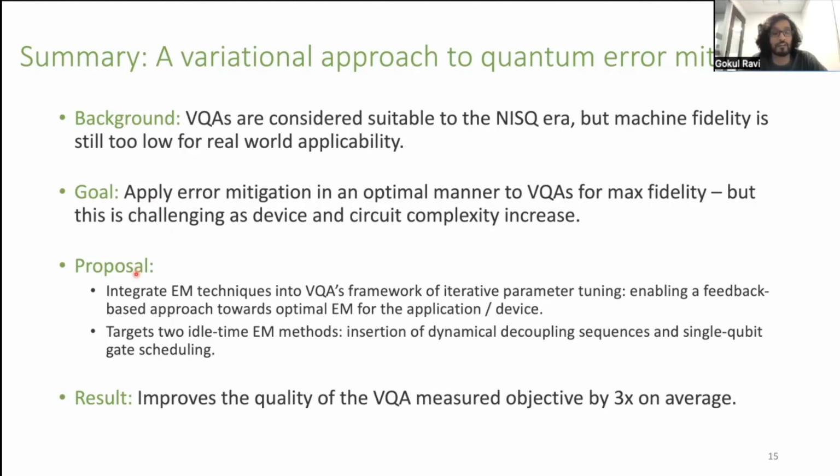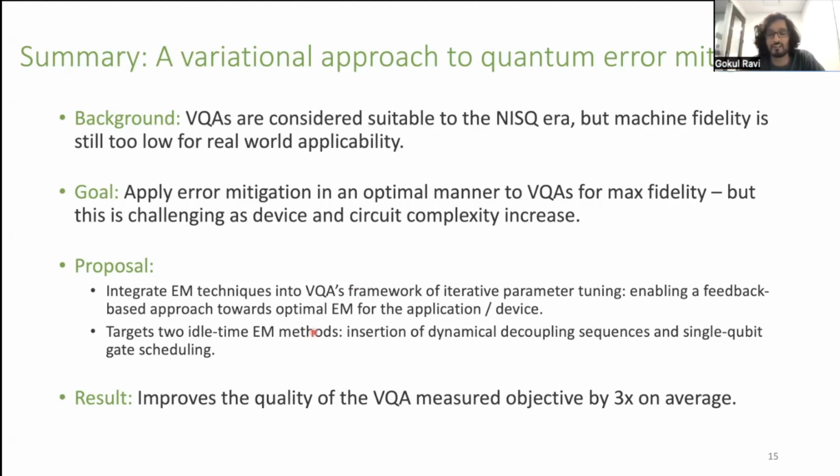We want to improve that for VQAs in this work. The idea we take is to integrate these error mitigation parameters. These error mitigation techniques have their own tuning hyperparameters, and we integrate these parameters into the VQA framework itself. What this means is that apart from iteratively tuning the gates in the Ansatz, even these error mitigation parameters are tuned as part of the feedback loop.